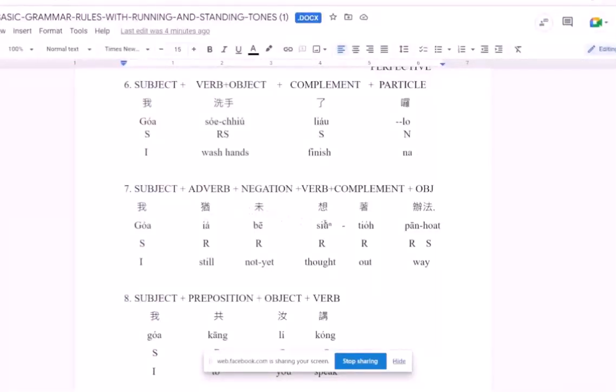So, 我也未想到辦法. Now we say these characters in only the standing tone. It will sound like 我也未想到辦法. So it sounds completely different.